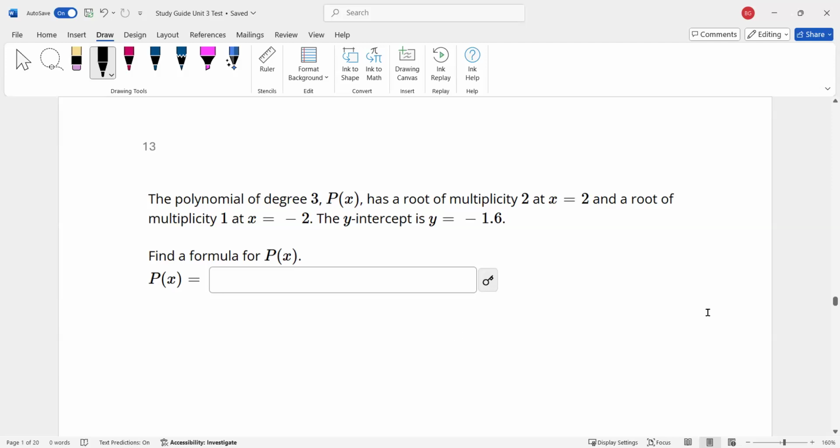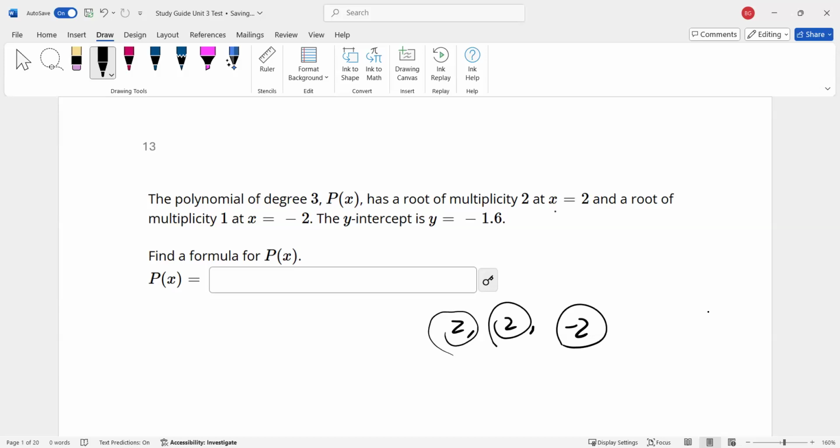Okay, so it has a zero at 2, and the multiplicity is 2. That means it has two 2's, right? And a root of multiplicity 1 at -2. Let me double check. So a root of multiplicity 2 at 2, so two 2's, and a root of multiplicity 1 at -2. Okay, so those are the 3 zeros.